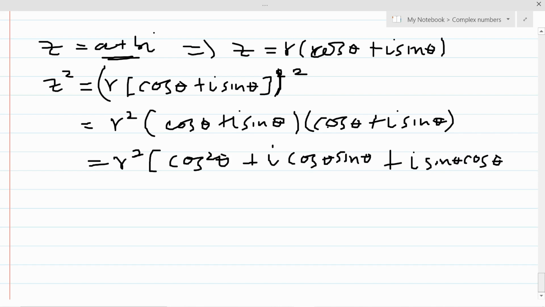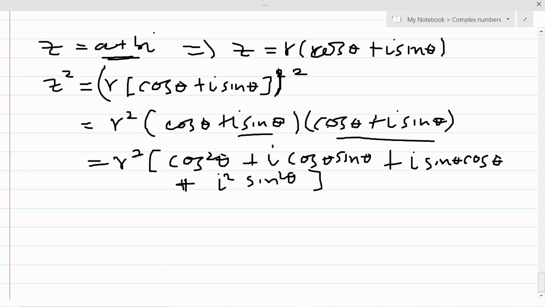I'm multiplying everything, so I'm just multiplying this side to the whole of this bracket. Then plus I sine theta times I sine theta, which is I squared sine squared theta. Okay, then I'll close the brackets.